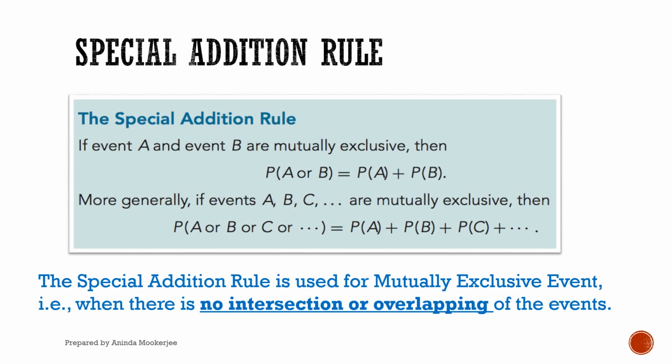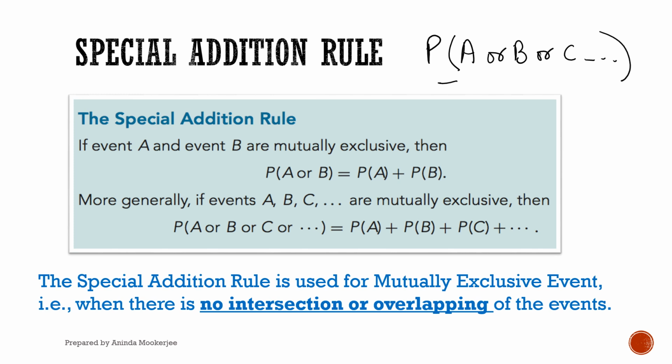The special addition rule is used when we want to find the probability of either one event occurring or the other event occurring. And it's not just for 2 events, it can be used for multiple events. The way we write it is the probability of A or B or C and so on. So we can have multiple events.